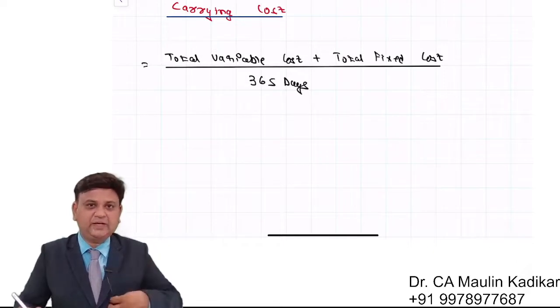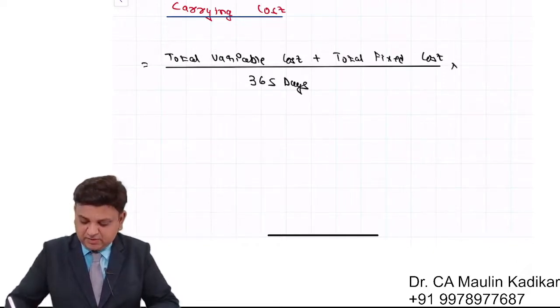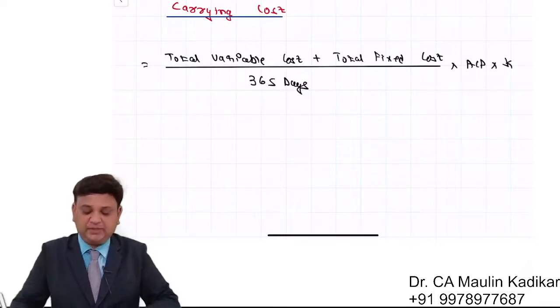So we will get 1 lakh rupee daily expenses into ACP, average collection period, into K, cost of capital.